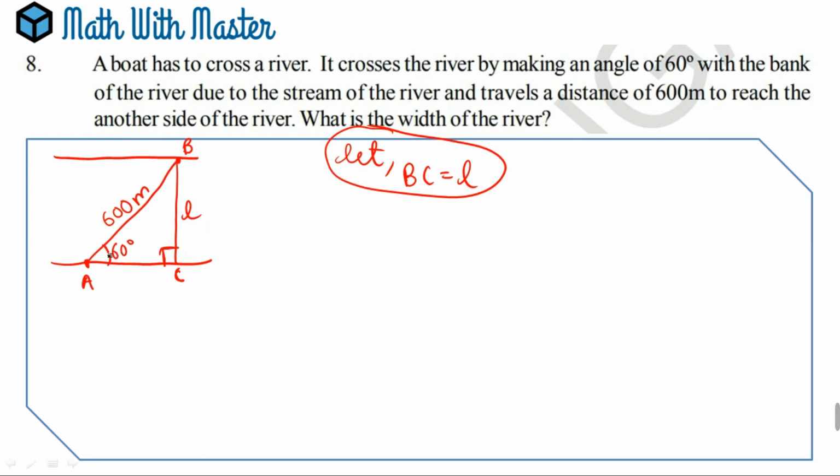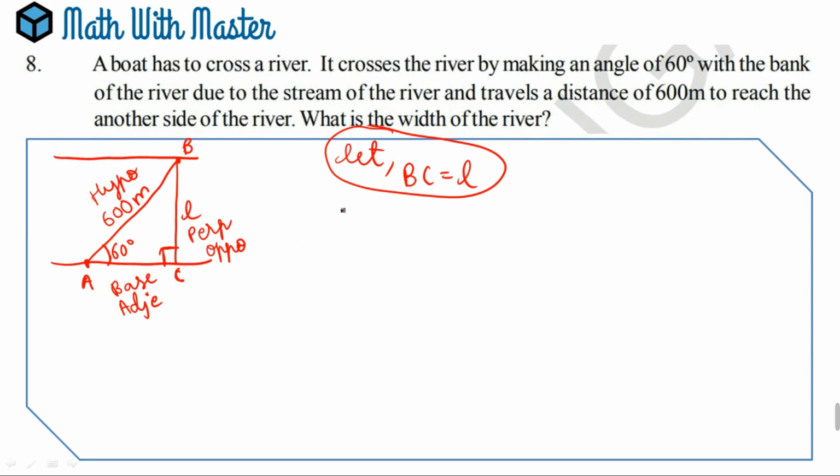So for angle A, BC is perpendicular or opposite. AC is base or adjacent and AB is hypotenuse. So we have to find perpendicular, we know the value of hypotenuse.